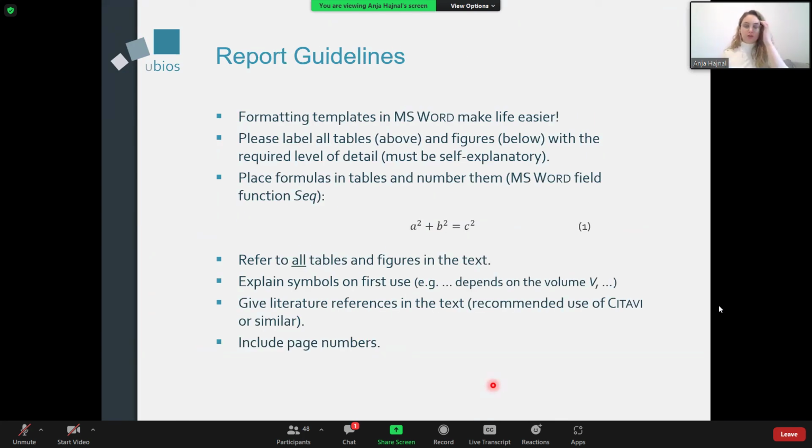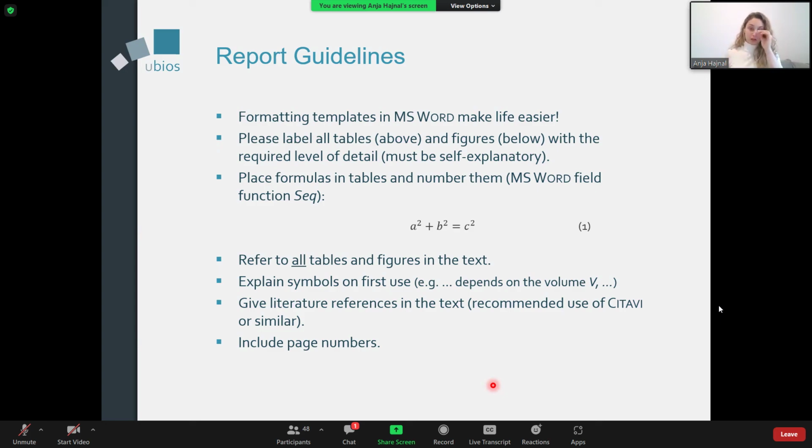Also, you need to have a report, so just a little bit of information on that as well. You should use Microsoft Word for your writing, so this is preferable, or something that can give you a similar appearance. Everything in your report needs to be labeled, so all the tables and all the figures.